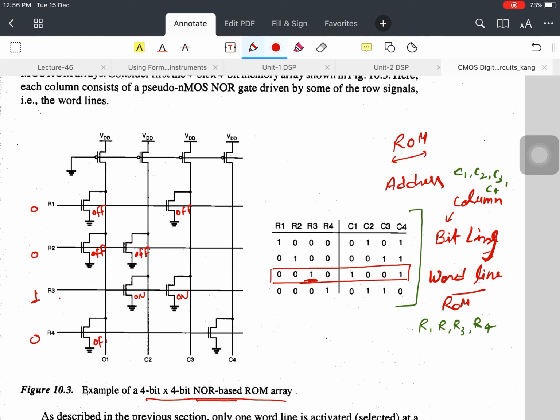So what happened if I talk about only this line? Every line has a load capacitor CL, just for your understanding.